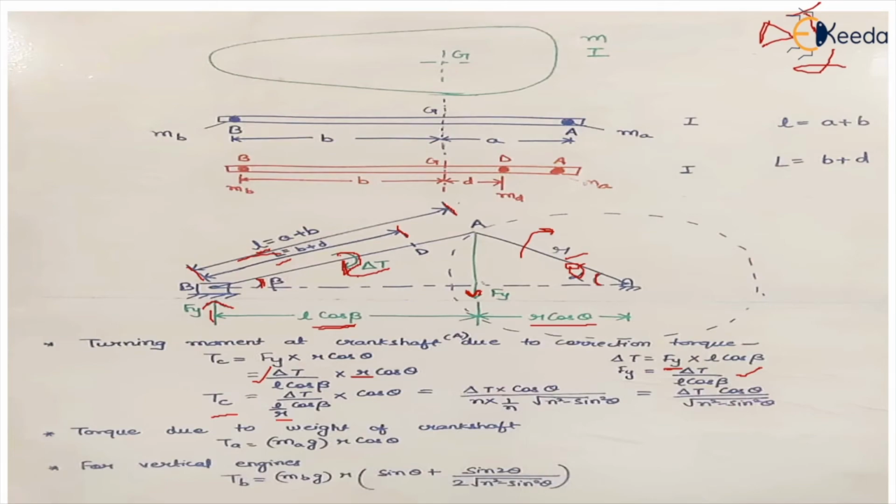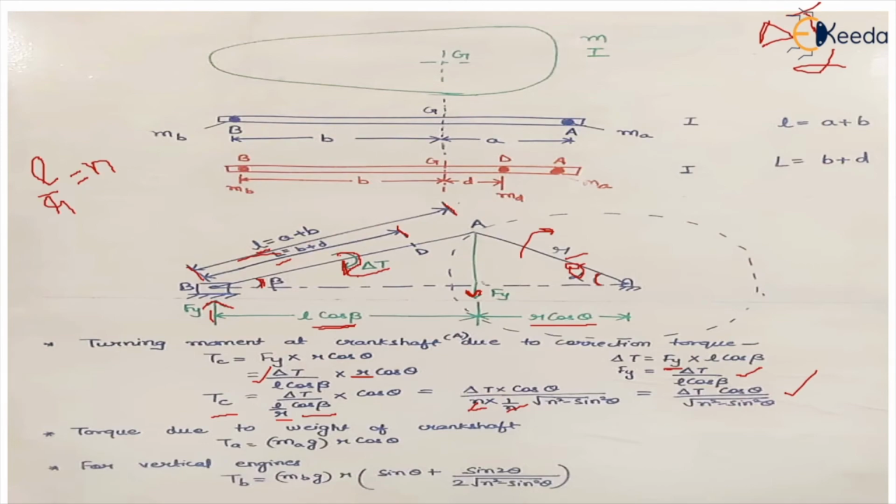We know L upon r is the ratio of the length of the connecting rod to the length of the crank, which is equal to small n. So we can write L upon r as small n, and we have already derived the equation for cos beta, which can be written as 1 upon n under root n square minus sine square theta. So this n gets cancelled out. The equation becomes delta T cos theta upon under root n square minus sine square theta.